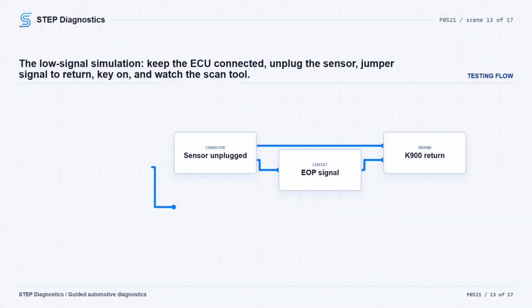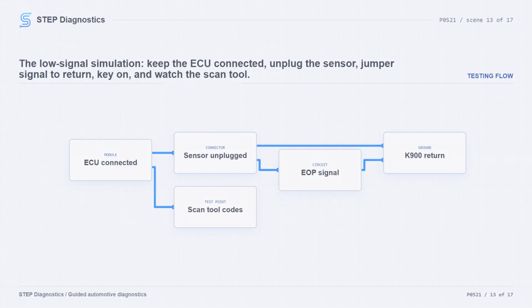With the circuit resistance checks passed, test whether the PCM can recognize the sensor signal being pulled low. For this step, the ECU harness connectors must stay connected to the ECU. Disconnect the oil pressure sensor connector. With the ignition off, install a fused jumper between the EOP signal circuit and the K900 sensor ground circuit at the sensor connector.